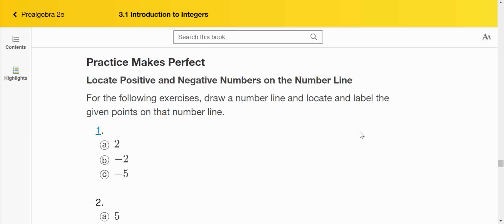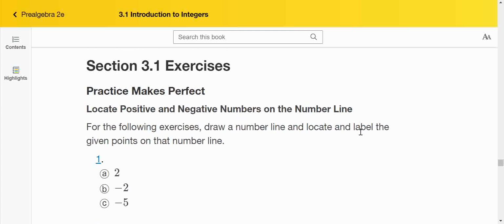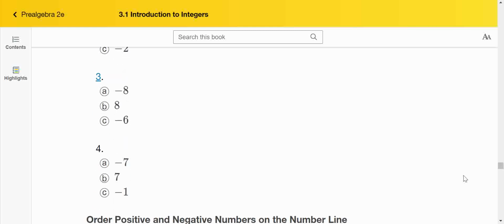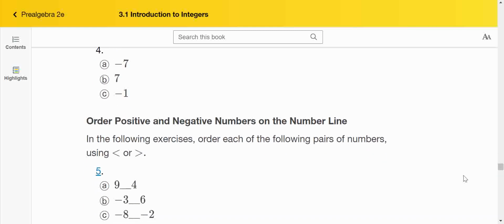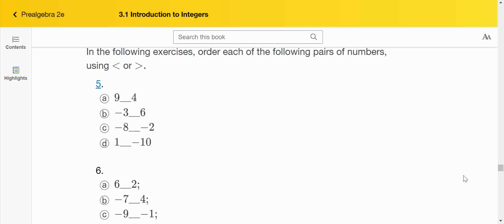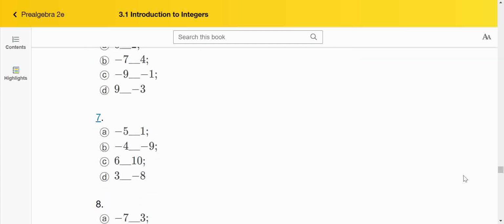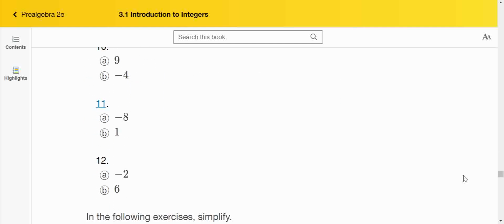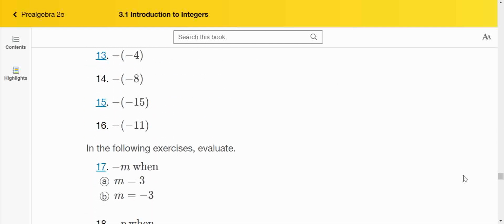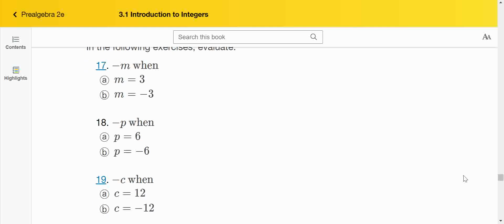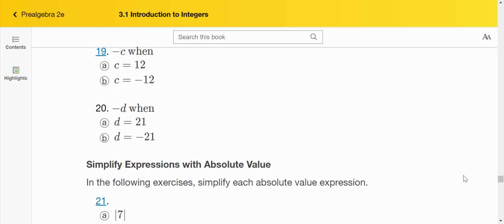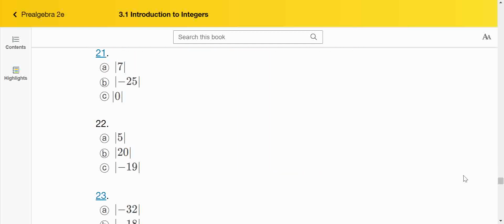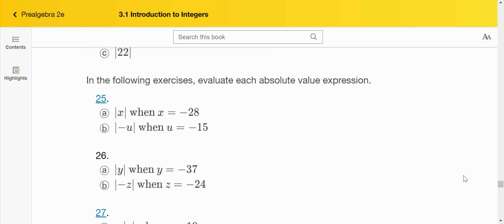You're welcome to practice these problems from chapter 3.1, and this concludes our chapter 3.1, Introduction to Integers.